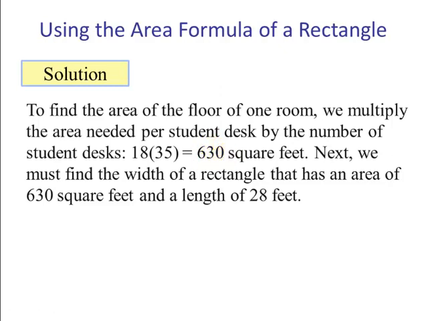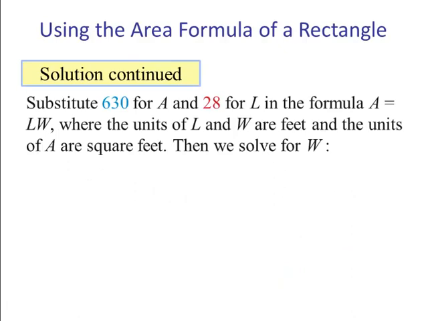Now we need to find the width of the rectangle with an area of 630 square feet and a length of 28. It's a good idea to go ahead and draw a picture. So this area here is 630 square feet. The length is 28 feet. We need to find W. So we take the formula, A equals L times W, and substitute the two values that we know, and then we solve for W. Area equals length times width.